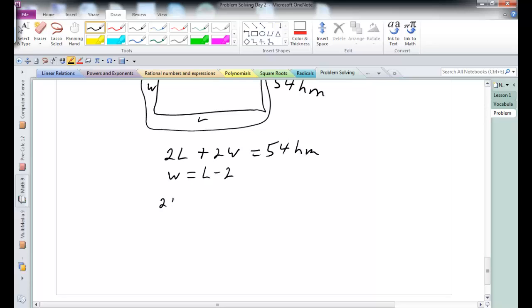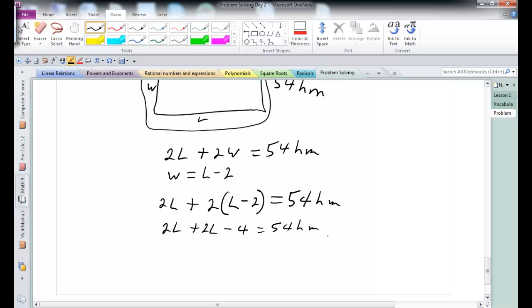We have 2L, 2 lengths, plus 2 widths, except we're going to use L minus 2 instead of the width, equals 54 hectometers. Okay, we should distribute out that 2, and we get 2L plus 2L minus 4 equals 54 hectometers.